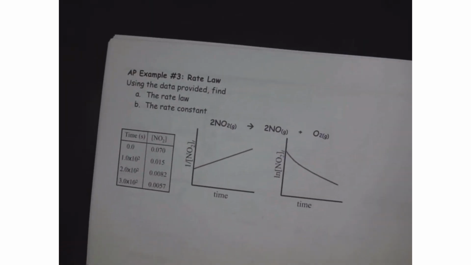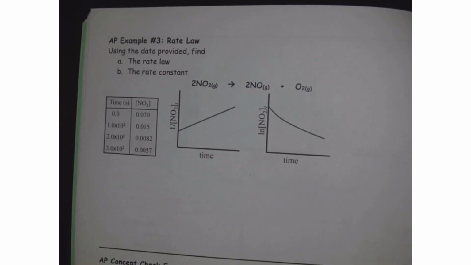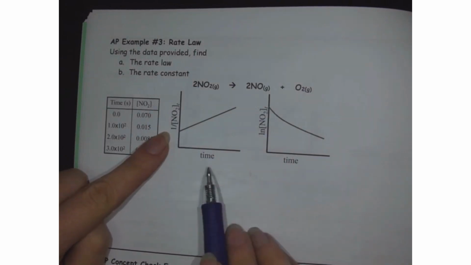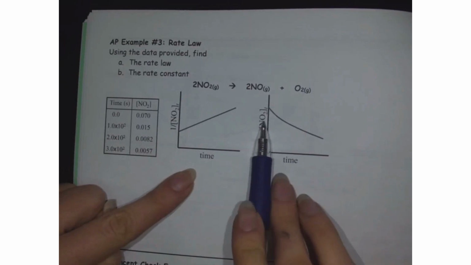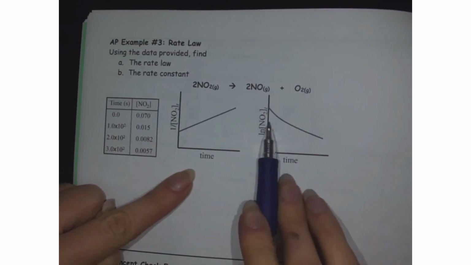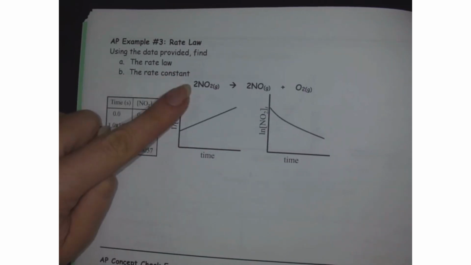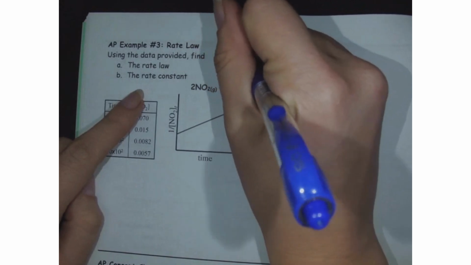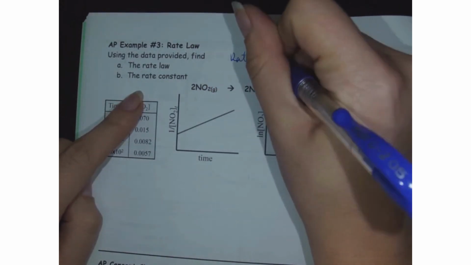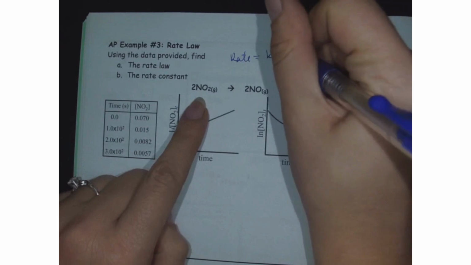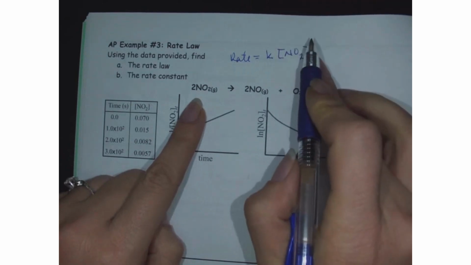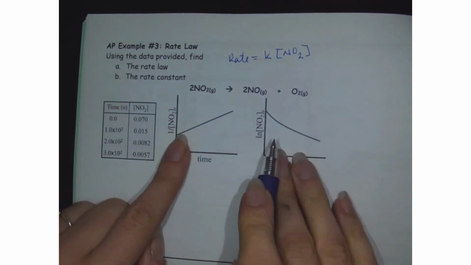Okay, so here's an example. We are given data here, and it looks like we have an inverse concentration versus time and a natural log of concentration versus time. And this is our reaction. We want to know what the rate law is. So rate law, rate is equal to K, and we only have one reactant here, NO2, and we have to figure out what the order is, and we're going to base it off of these graphs.